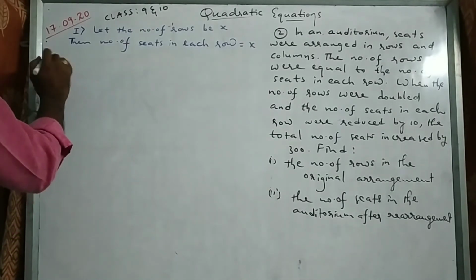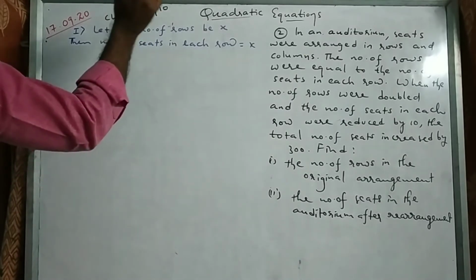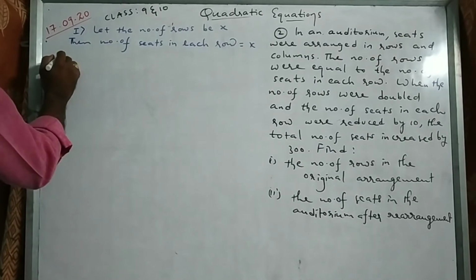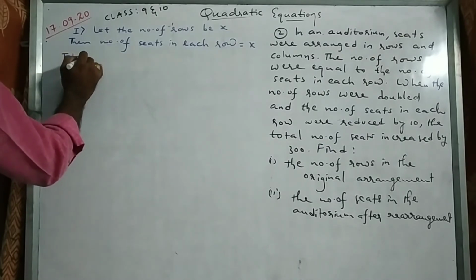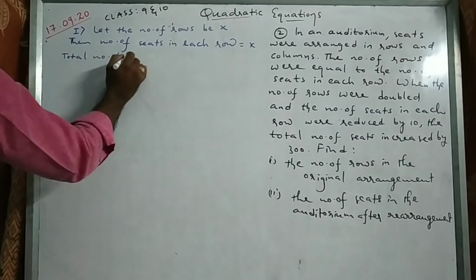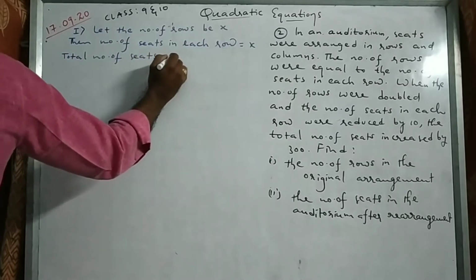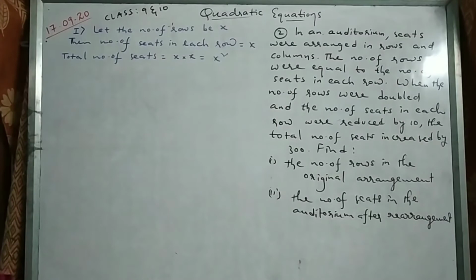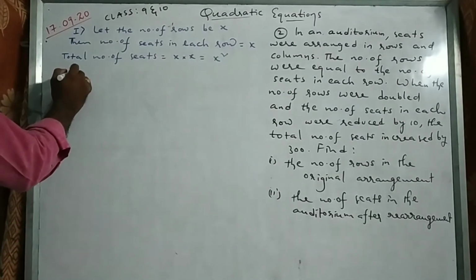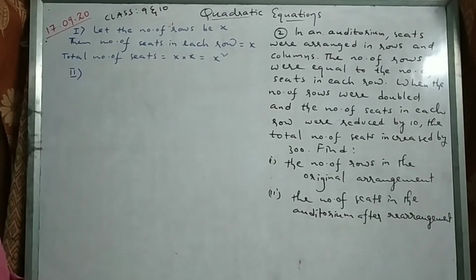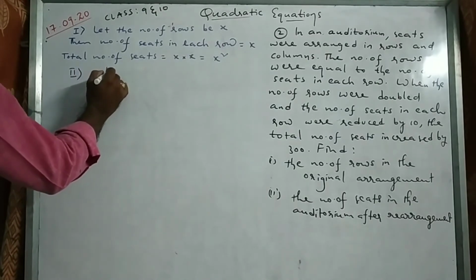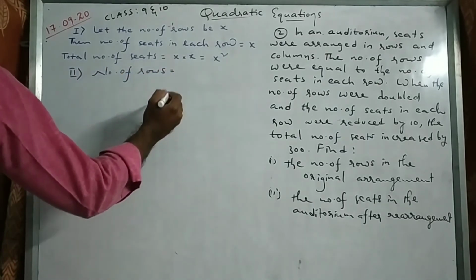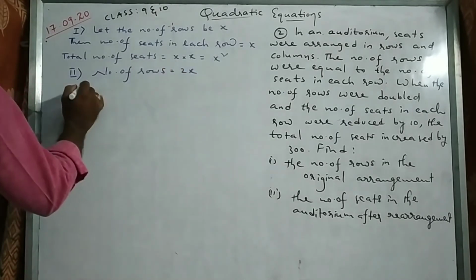Now total number of seats. So rows x are there, in each row x seats are there. Total number of seats equal to x into x, that equal to x square. In second case, what did they do? Number of rows were doubled means 2x.